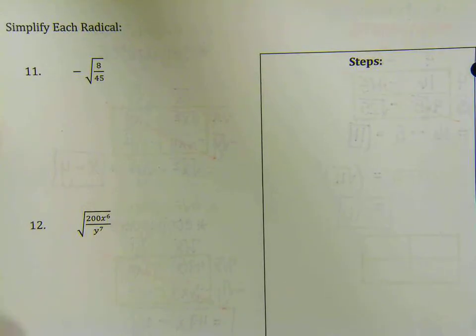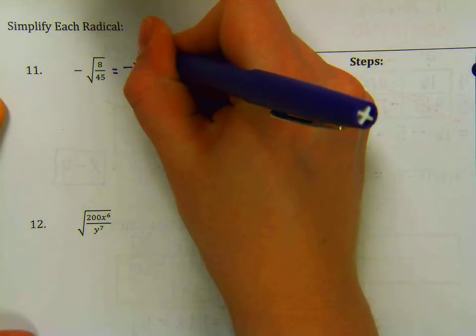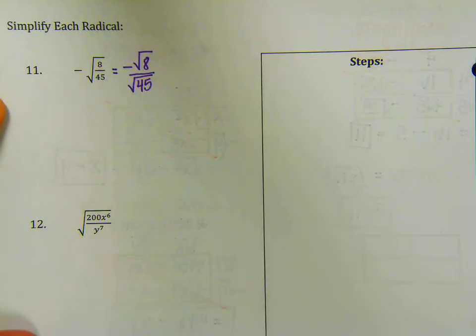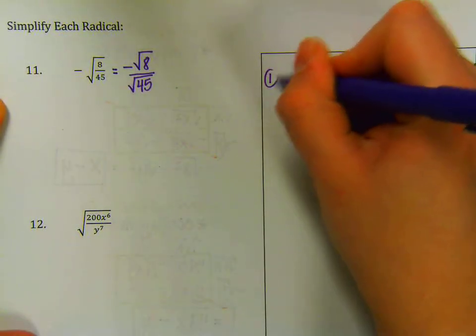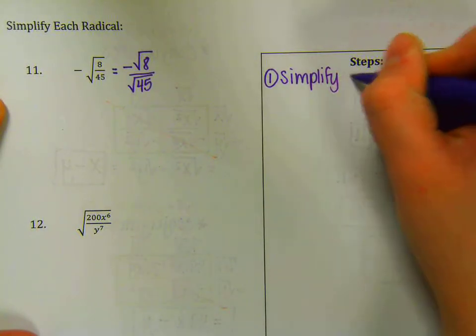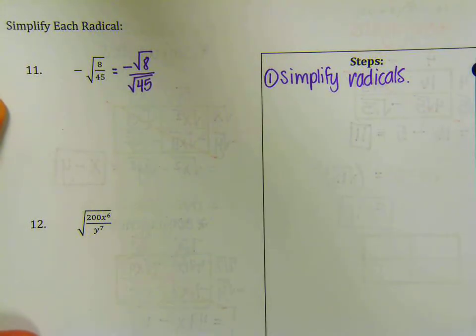So in number 11, I'm going to actually rewrite this so that they look like 2 fractions. And my first step then is going to be to simplify those radicals. You are creating factor trees for both of these so you can see how you can simplify them.